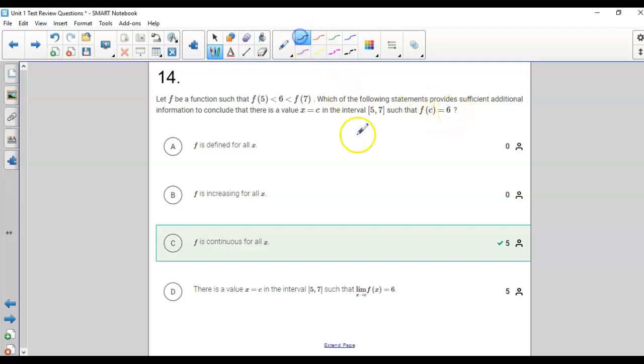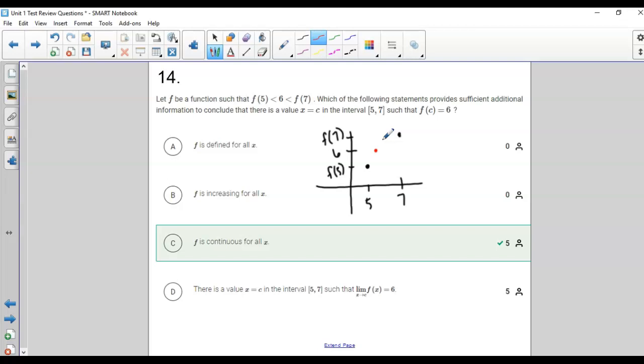If you think of the graph, you've got 5 here, 7 here, f of 5 is here, f of 7 is here, and we know 6 is somewhere in between them. So if we've got 5, f of 5 and 7, f of 7, we want to know if we'll ever have to have a point there that has a y value of 6.